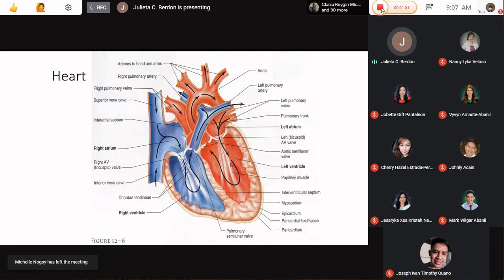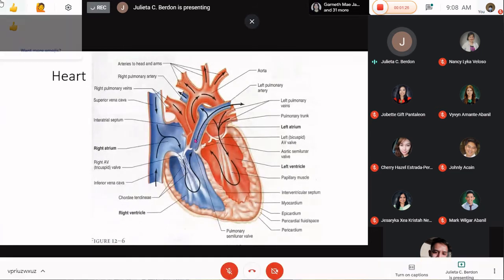And then you have another semilunar valve, the pulmonary valve, which is between the right ventricle and the pulmonary trunk. Strictly speaking, you call this a pulmonary trunk, but we'll just call it a pulmonary artery, as the authors say visually.